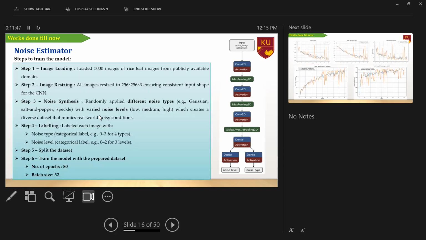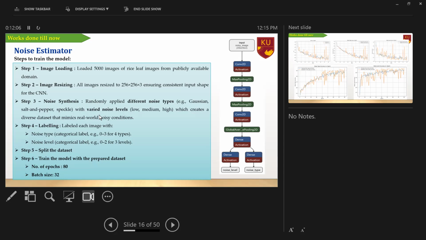So how do we train? These are the steps to train the model. Step one, image loading: we loaded 5,000 images from the publicly available domain. Step two, we resized the images to a uniform size for a consistent input shape. Step three is noise synthesis.